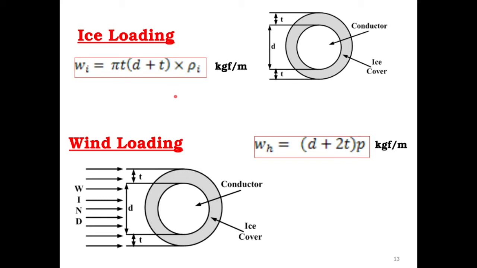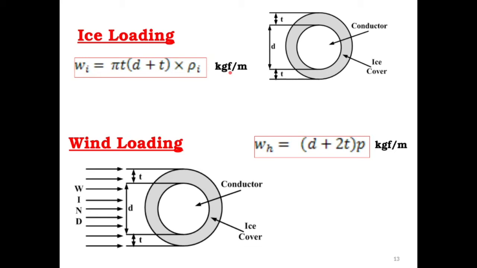Pi is the constant, t is the thickness of ice cover, d is the diameter of the conductor, and rho i is the density of ice. We must remember that loading is uniformly distributed along the length of the conductor. So again, it's kgf per meter.